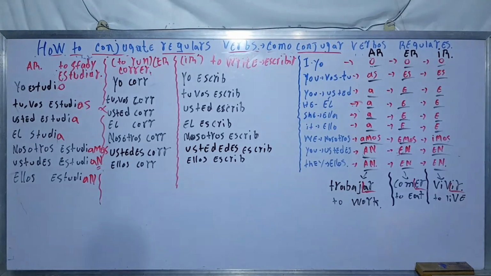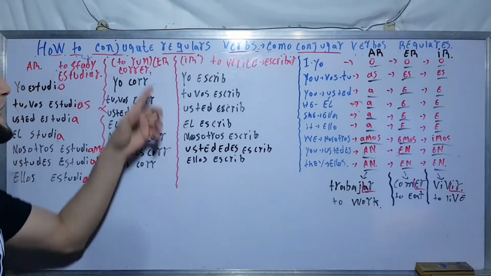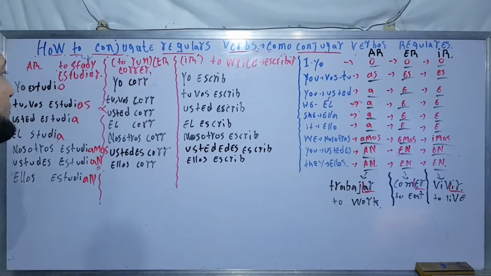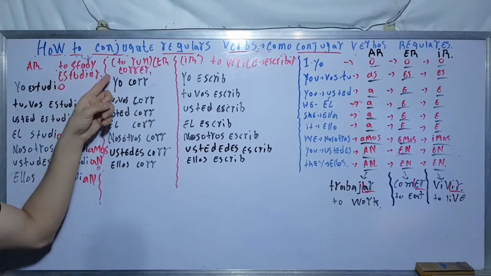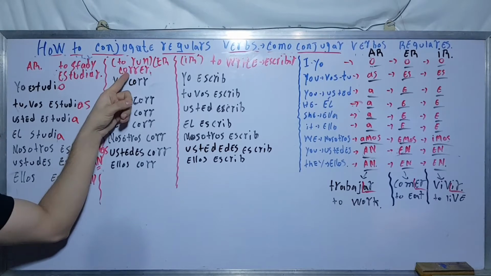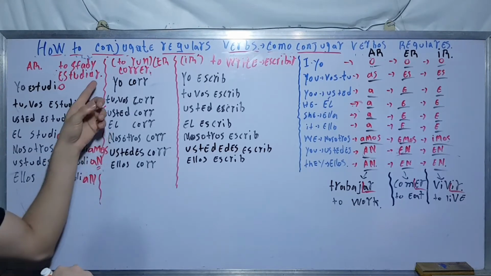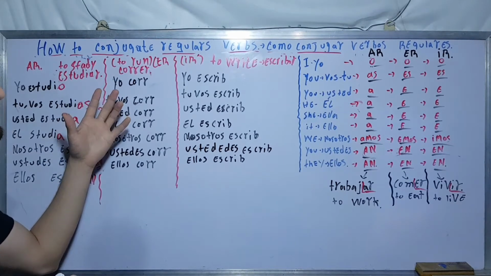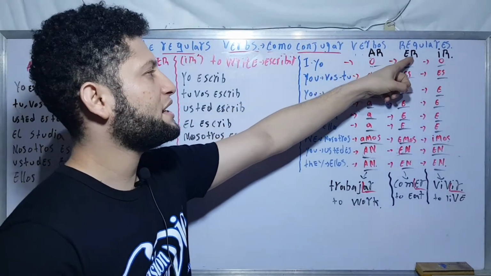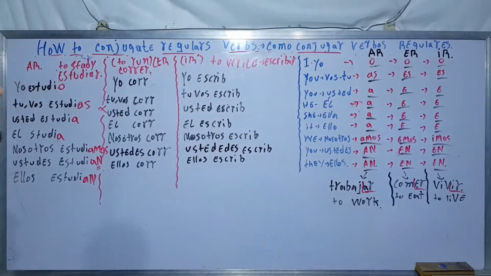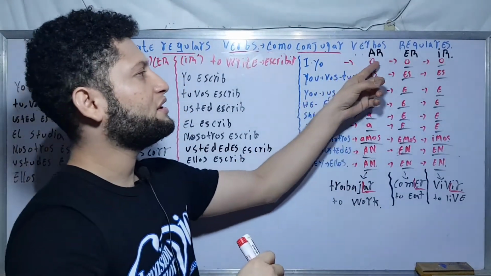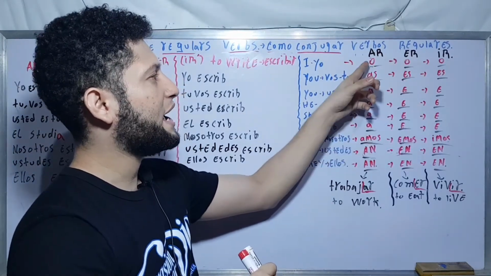Now with the second one, to run, with the ending ER. To run in Spanish, the infinitive form is correr. For yo, remove ER and add O, as always. As you see, for all three ending sounds, you need to remove the entire ending and add the letter O all the time.